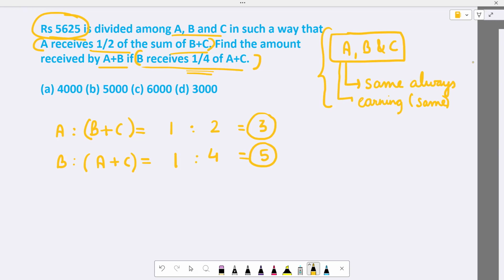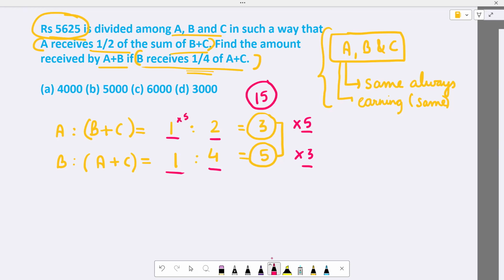It doesn't matter. Which is why it becomes important for us to make these two numbers equal so that we can compare, so that the question doesn't go wrong and it becomes easier. Now what we'll do is multiply 3 by 5 to make it 15, and 5 we'll have to multiply by 3 to make it 15. But in order to compare, we need to multiply these particular numbers by the numbers present here.